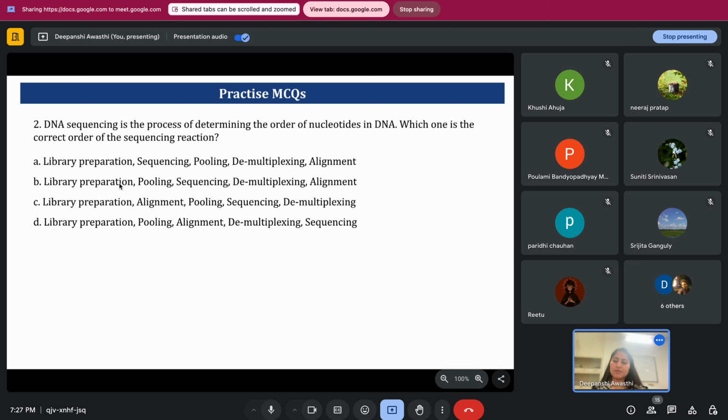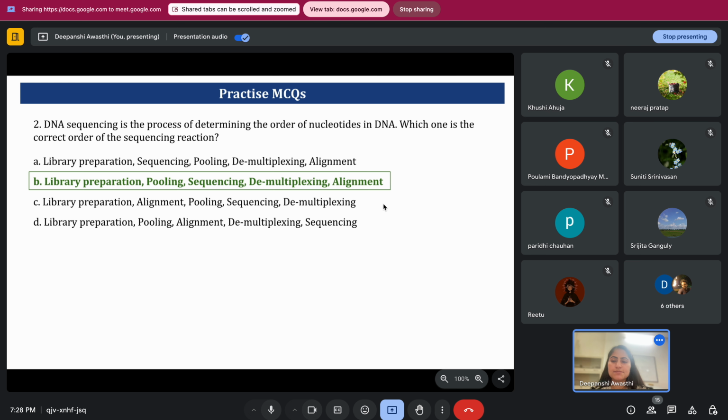Option B is library preparation, pooling, sequencing, demultiplexing, and alignment. Option C is library preparation, alignment, pooling, sequencing, demultiplexing. Or option D, library preparation, pooling, alignment, demultiplexing, and sequencing. Option B. Okay, anybody else? Okay, someone else want to answer?